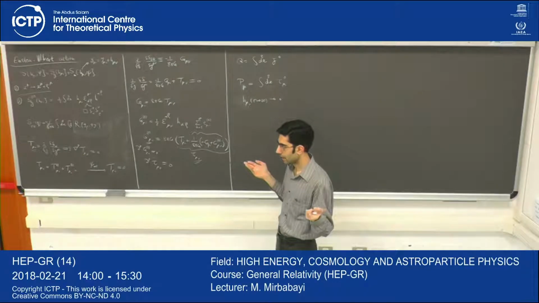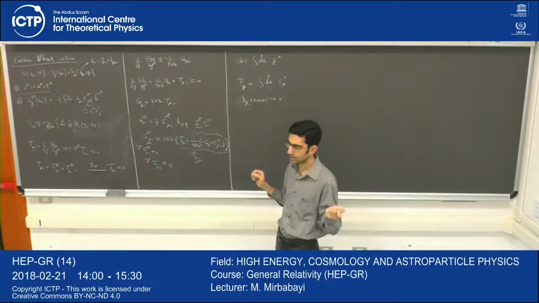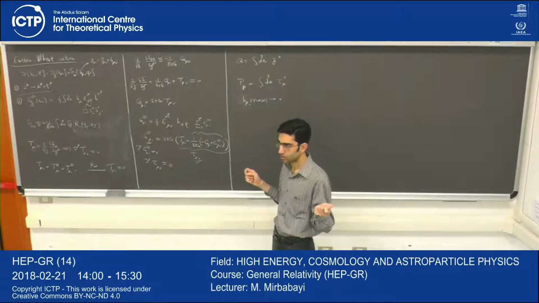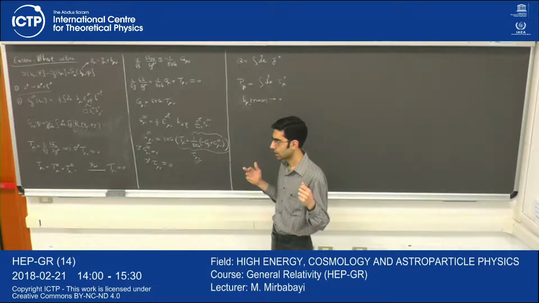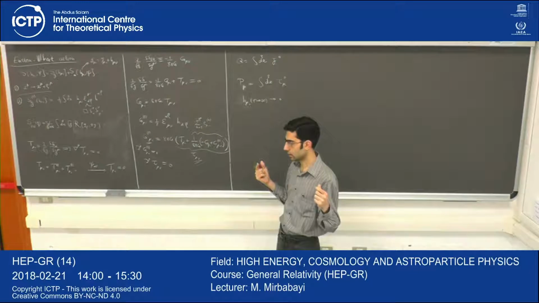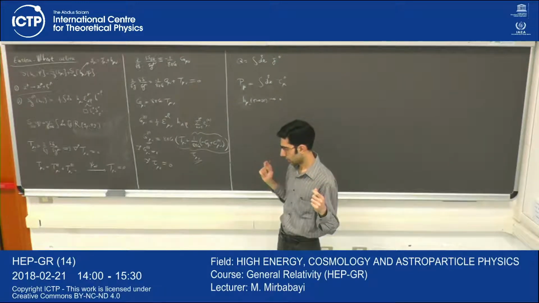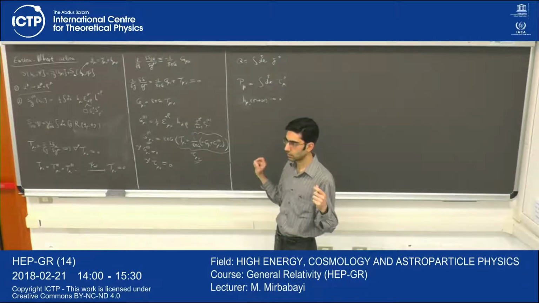Now, there are different ways of calculating total mass in a space-time. There's Komar mass, there's ADM mass, there's Bondi mass, and depending on what configuration you are looking at, they might differ from one another.